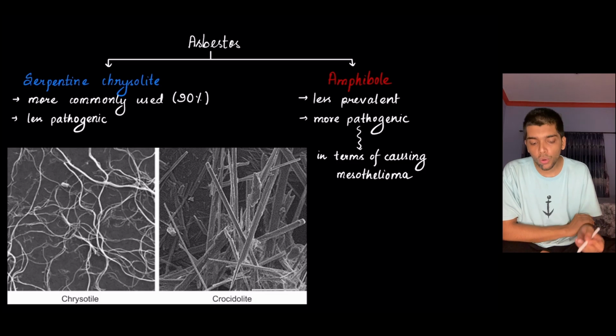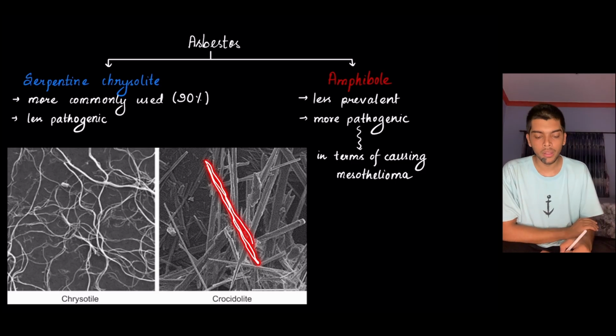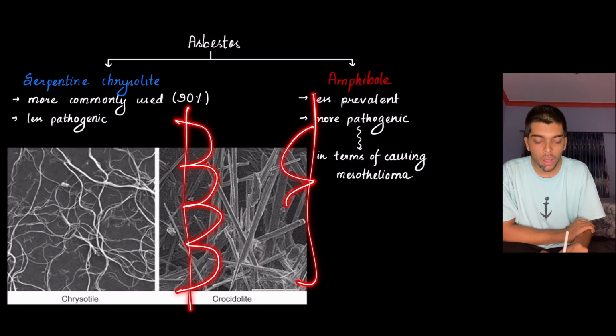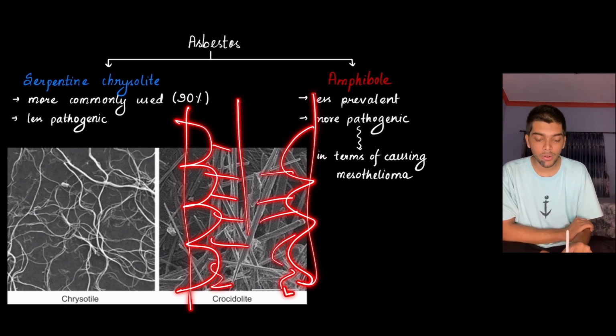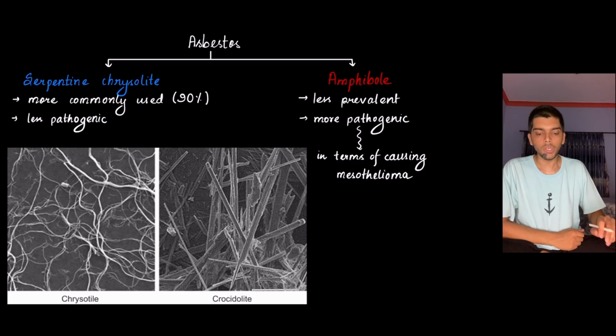Amphibole, or crocidolite, on the other hand, is needle-like and long, so it is easily able to evade or pass through the mucus and cilia, enter the lung, causing asbestosis and then worsening into mesothelioma. All right.